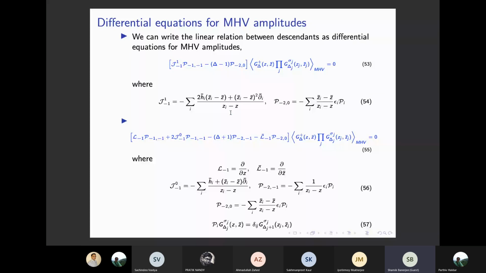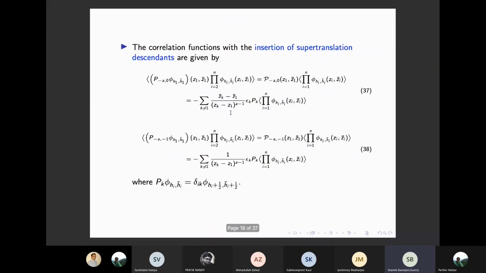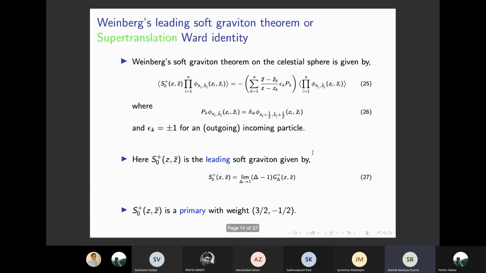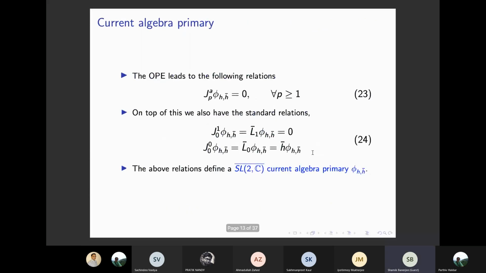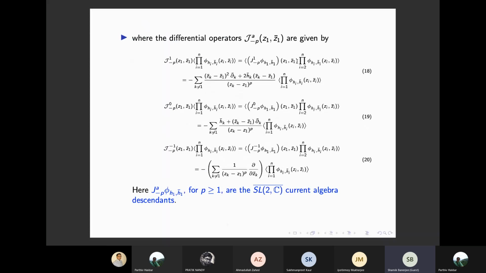They have already been computed here. For example, they are just this. You can see this P minus 2 comma 0. That can be obtained from here. Similarly, P minus 2 comma minus 1. That is also given here. And similarly, for the SL2C bar current algebra, we also have this. So this is essentially the thing that we have used.